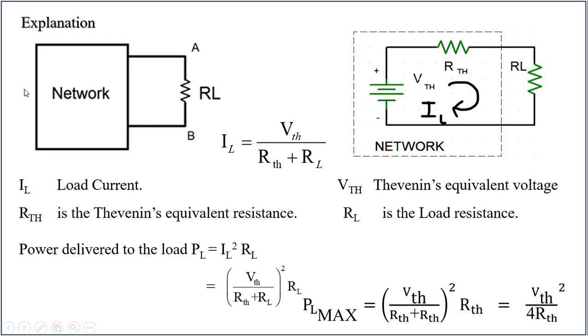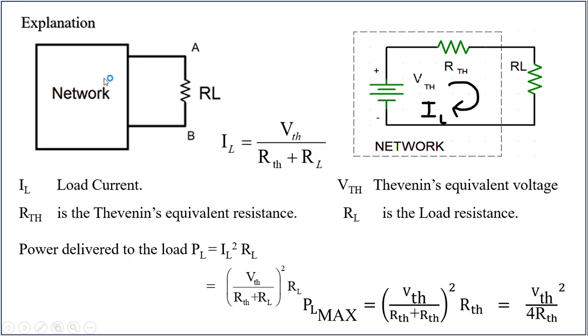We take a network that may contain any number of voltage sources, any number of current sources, and resistors connected in any manner, and RL is the load resistor connected to the same network across terminals A and B. According to Thevenin's theorem, we can replace this entire network with a voltage source in series with an equivalent resistance RTH.